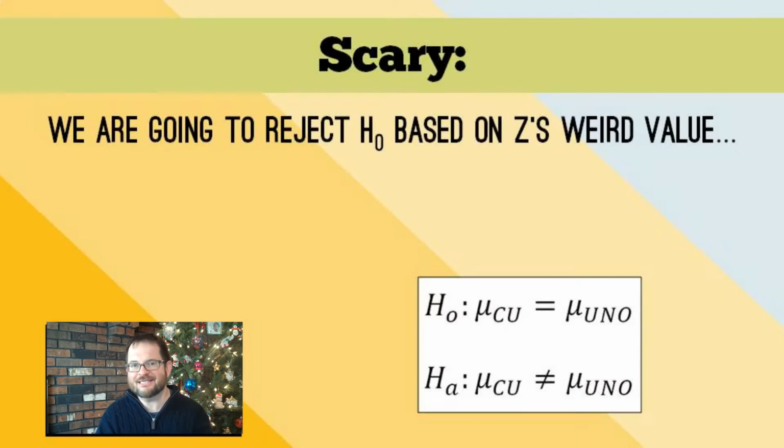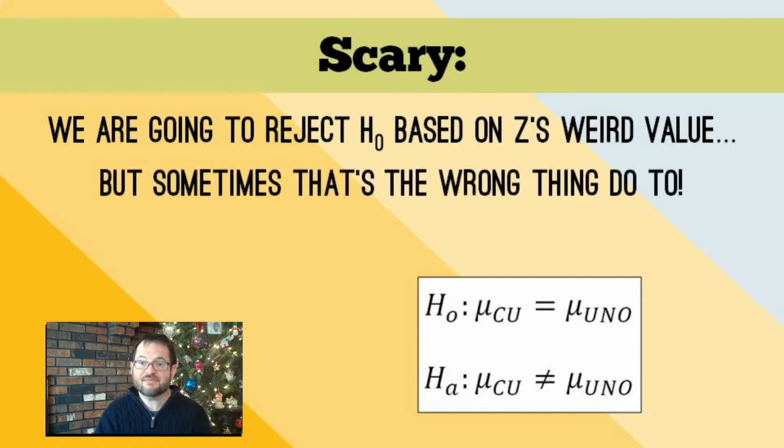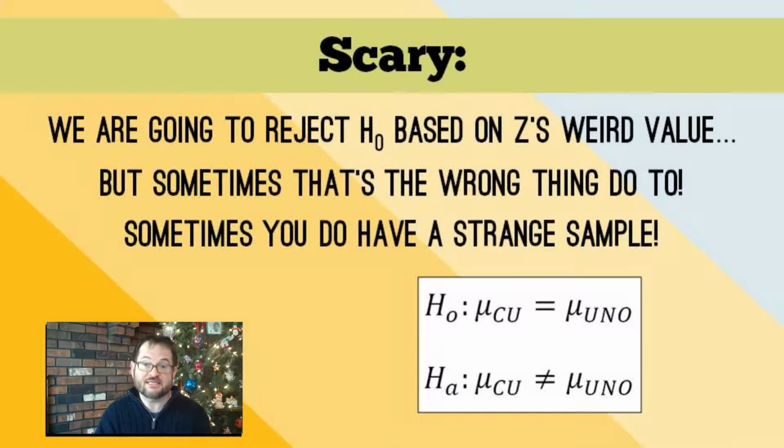And this is scary. Because if I'm going to be rejecting my null hypothesis based on a weird value of Z, sometimes that's going to turn out to be the wrong thing to do. Sometimes, by bad luck, I just get a strange sample. My sample of N Creighton students, N sub CU, just happened to have a lot of tall people in it, or a lot of short people in it, or the same at UNO.